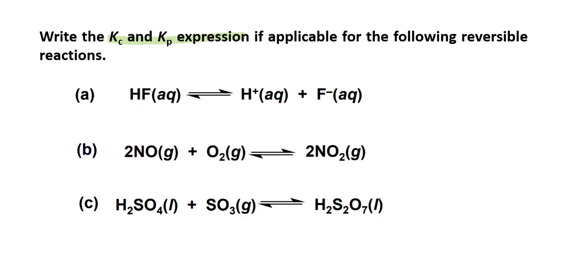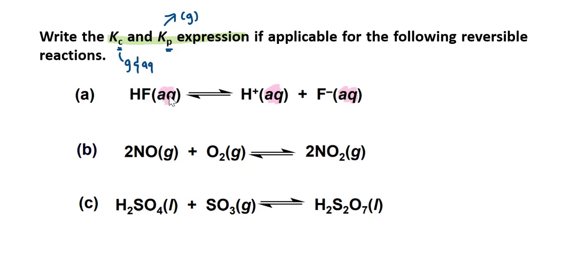For the first reaction, we have aqueous, aqueous, and aqueous. Since there is no gas present in this reaction, this reaction will not have the Kp expression, because the only phase included in the Kp expression in terms of pressure is gas. While for the Kc expression, we have gas and aqueous.